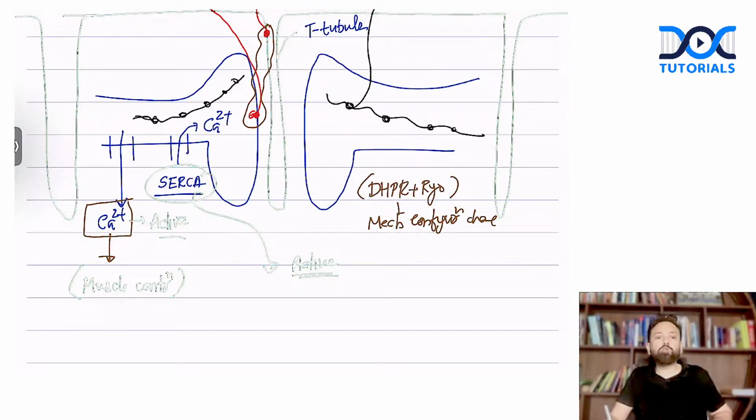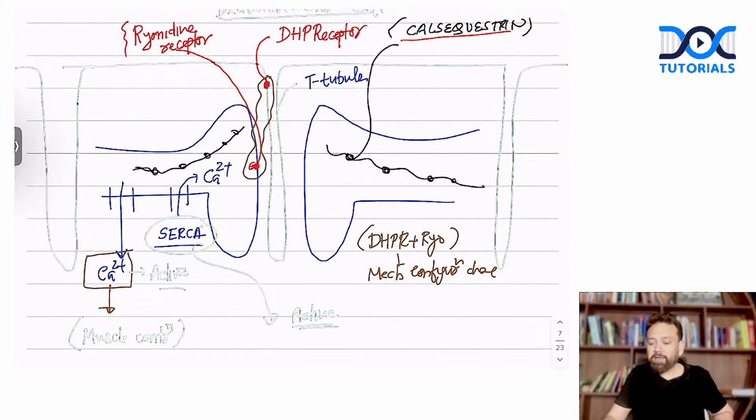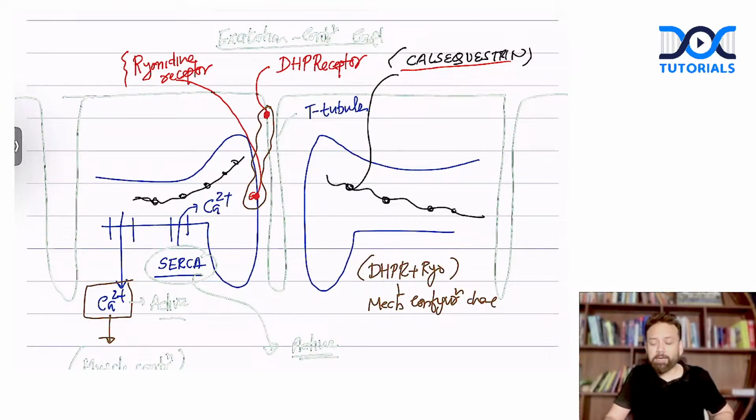Why? Because calcium is going inside by a pump, and that pump is called sarcoplasmic endoplasmic reticulum calcium ATPase. So don't think that relaxation is a passive process. Both are active processes.